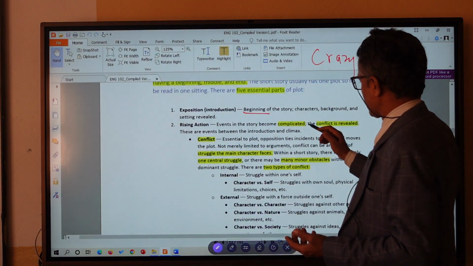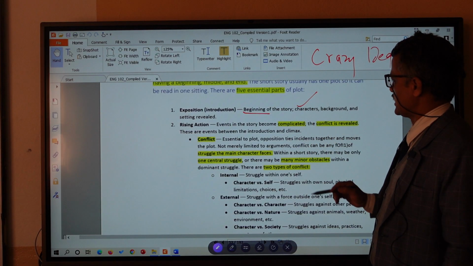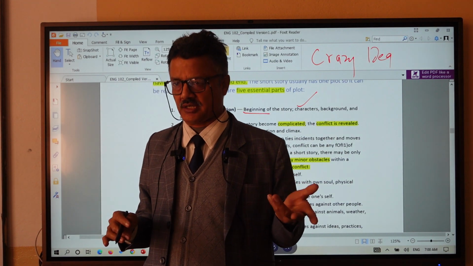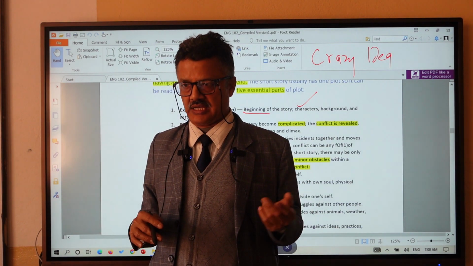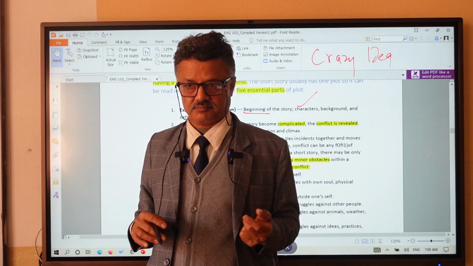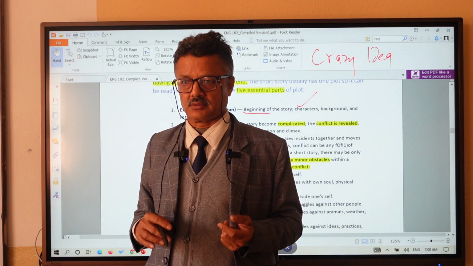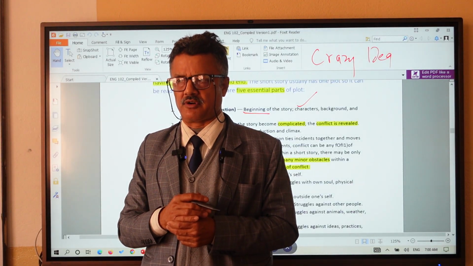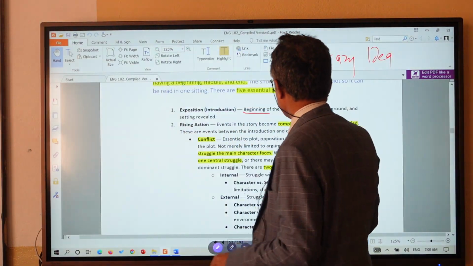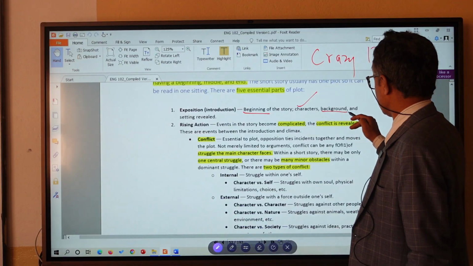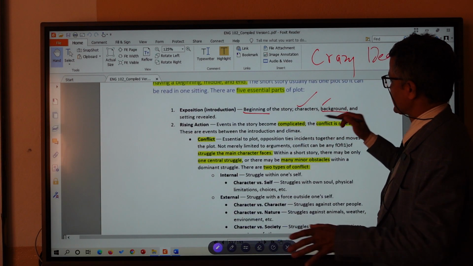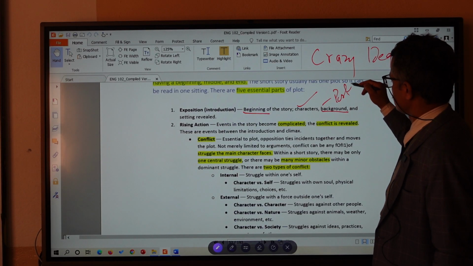So you have characters. In Dawn, you don't see many characters. You see the narrator, and then he talks about his teacher. He does not talk about his family members until the second chapter. Okay, background. Now you know in the exposition that this story is taking place in Portland.